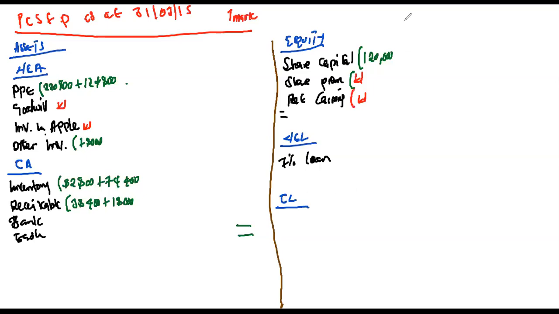Non-current liabilities, yes, we have two. Which one and which one? We have the loan notes, which is 60,000 plus 12,000. And then current liabilities. For current liabilities we just have a figure.